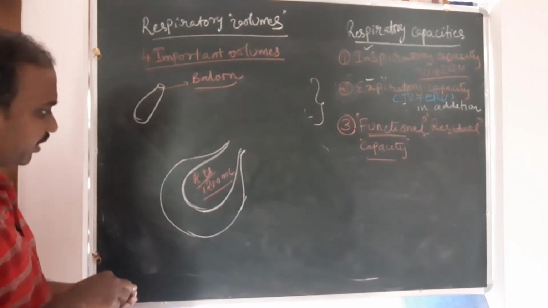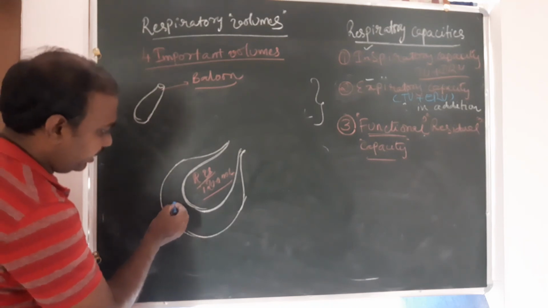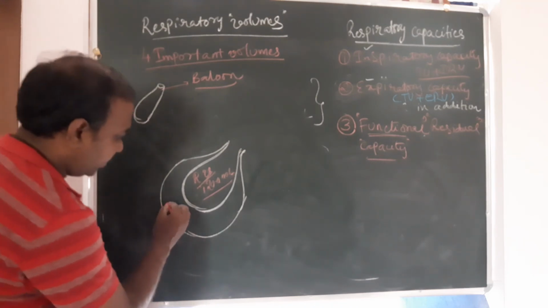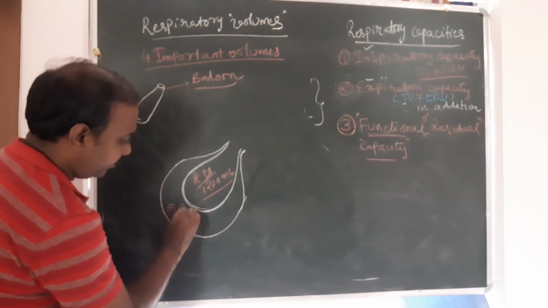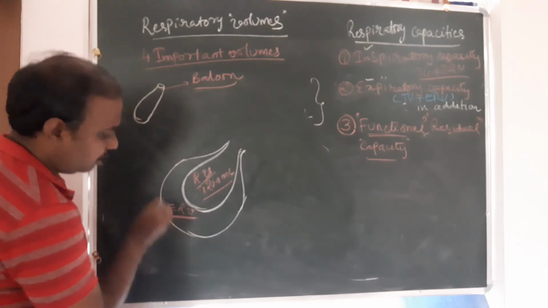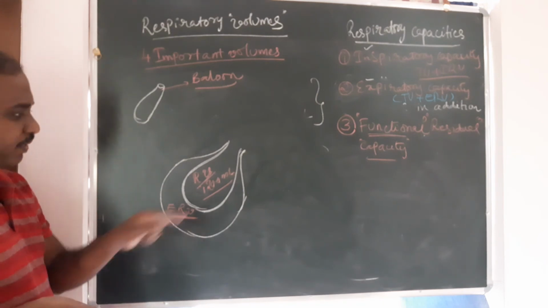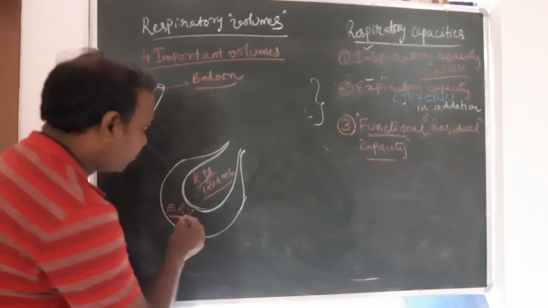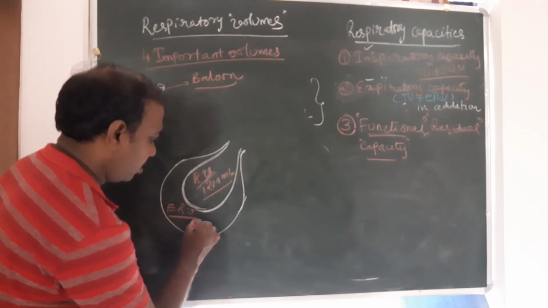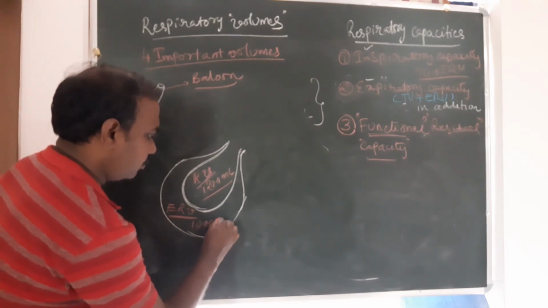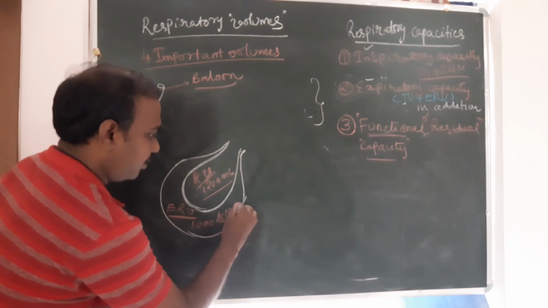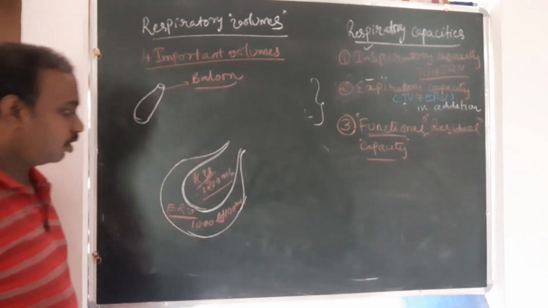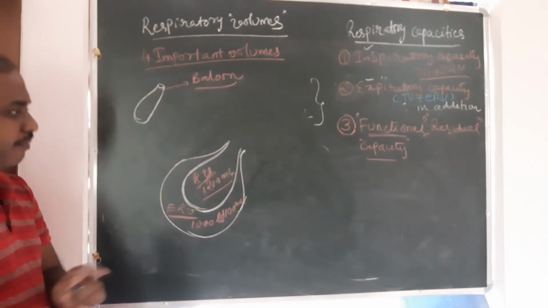This one is actually the expiratory reserve volume, ERV. How much is this expiratory reserve volume? The expiratory reserve volume that we have is 1000 to 1100 ml, isn't it? 1000 to 1100 ml.